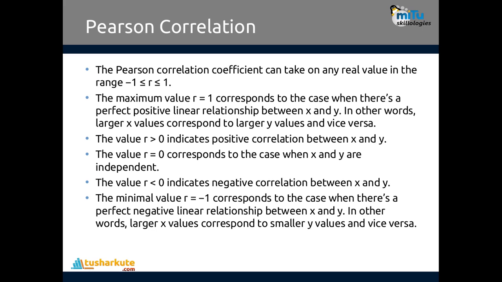So when the value of R is greater than 0, it indicates that positive correlation is there for x and y. When the value of R is equal to 0, then x and y are perfectly independent of each other. They don't have any relationship between them. And if the value of R is less than 0, it indicates that they have negative correlation between x and y.